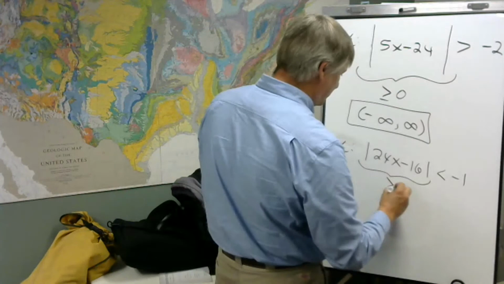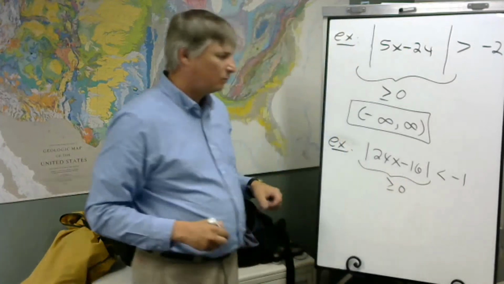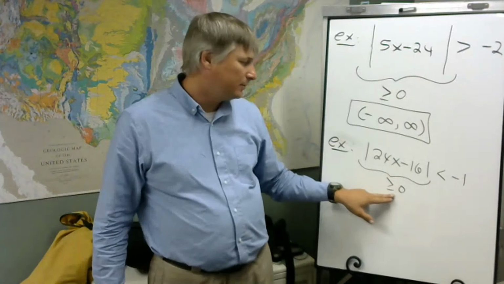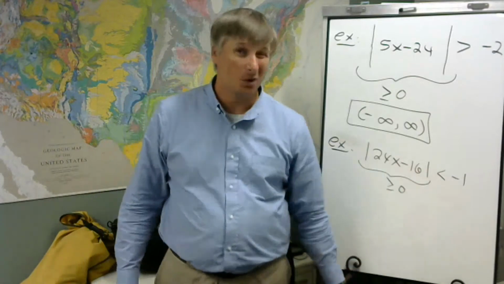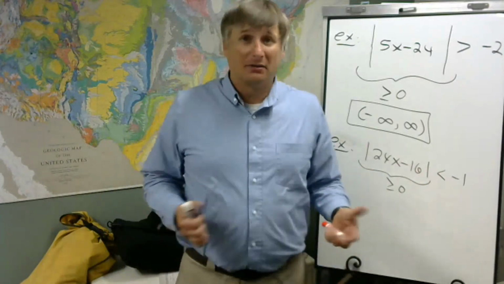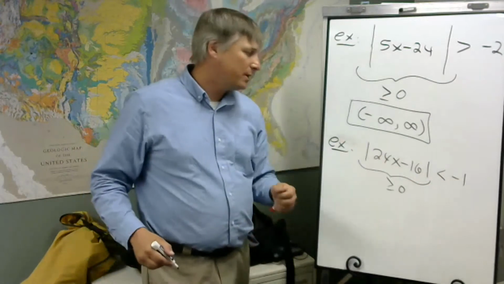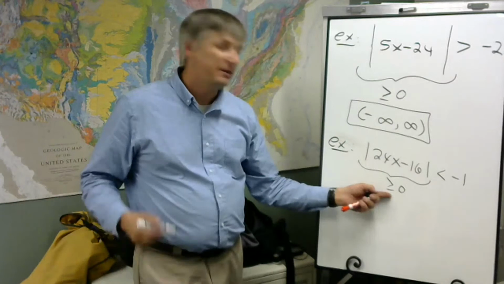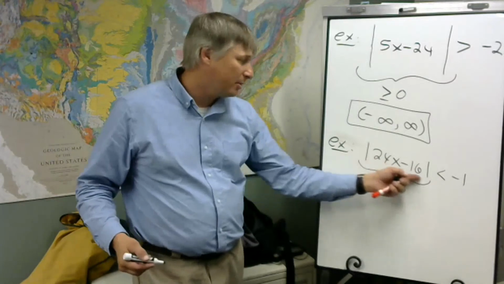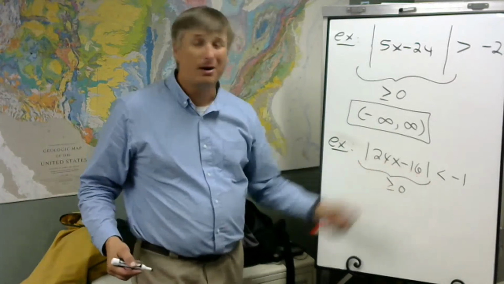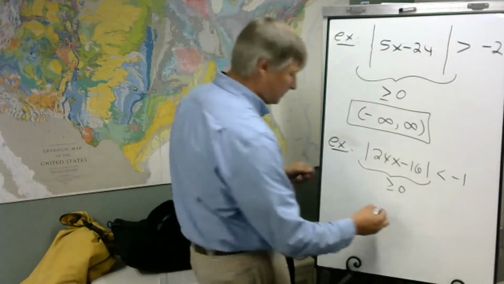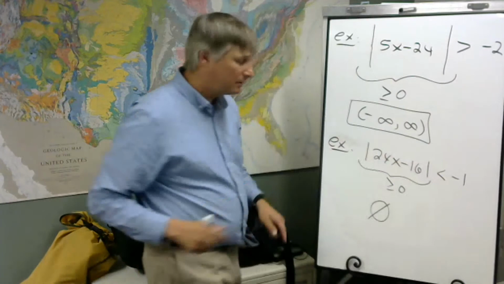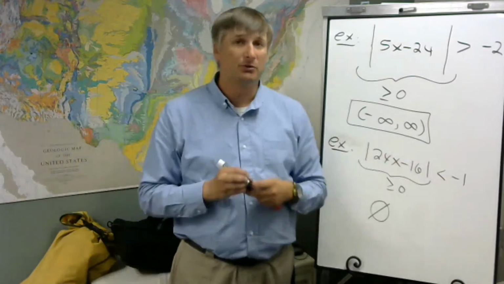This is always going to be greater than or equal to 0 once you take the absolute values. Could something greater than or equal to 0 ever be less than negative 1? Well, it can't. So that means there's no x we can choose that's going to make this negative. Well, it can make this part negative, but then that gets turned into a positive. So what we get, this is impossible. This can't happen. So the answer is no solution, or the empty set.